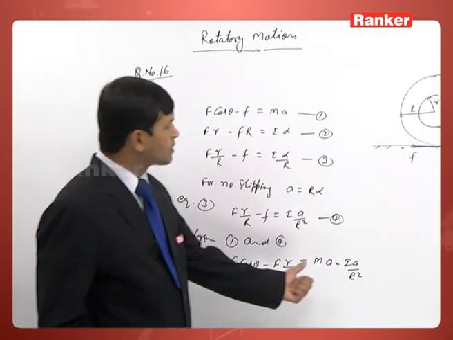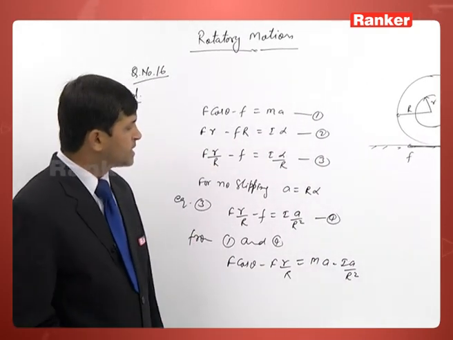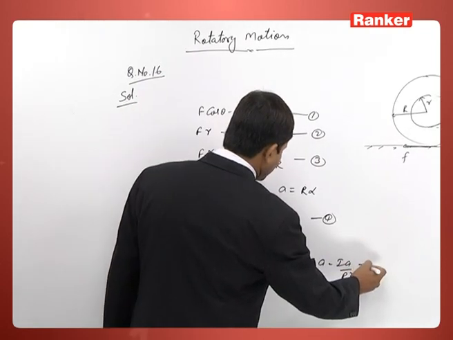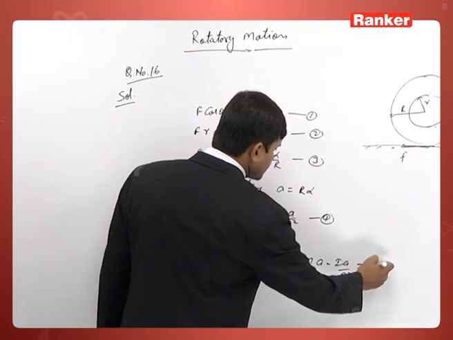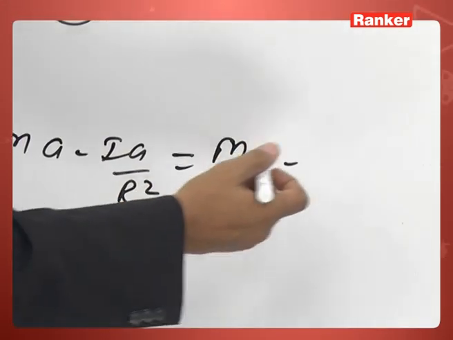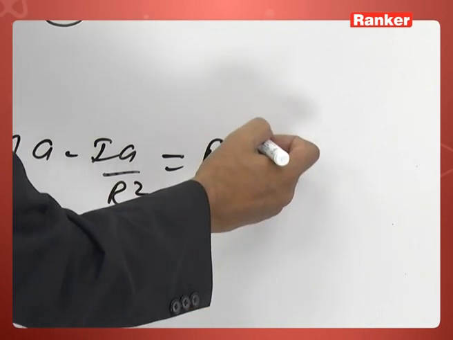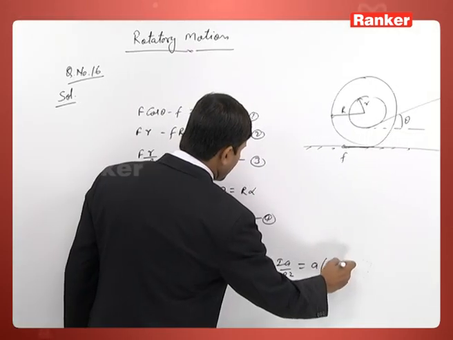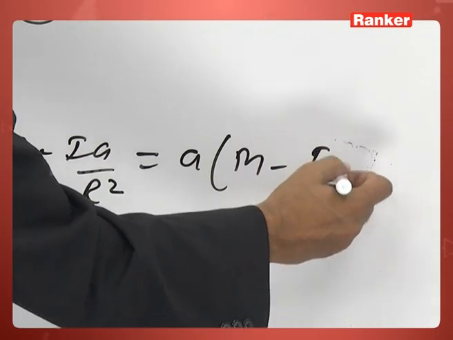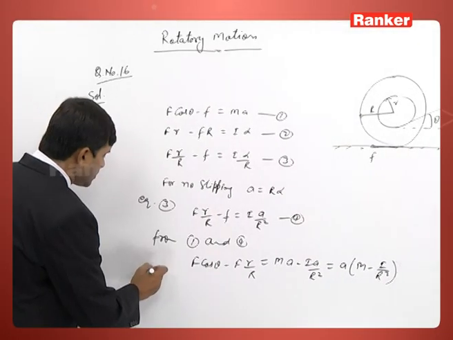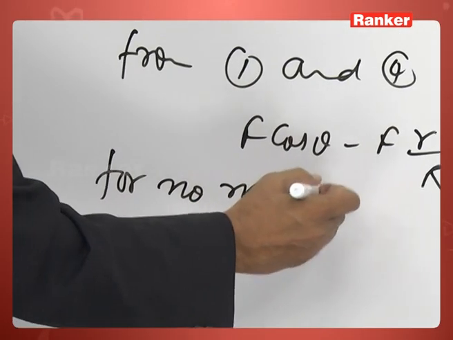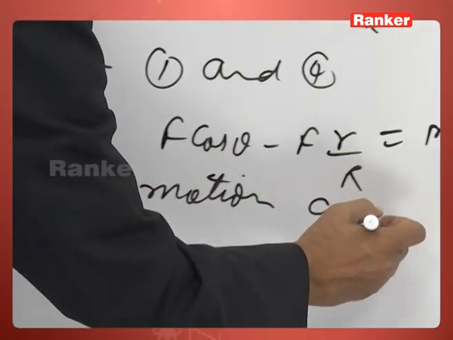I is the moment of inertia, that we can say MR square by 2. So we can take a common: F cos theta minus Fr by R equals a times (m minus I by R square). Now for no motion, a must be 0.